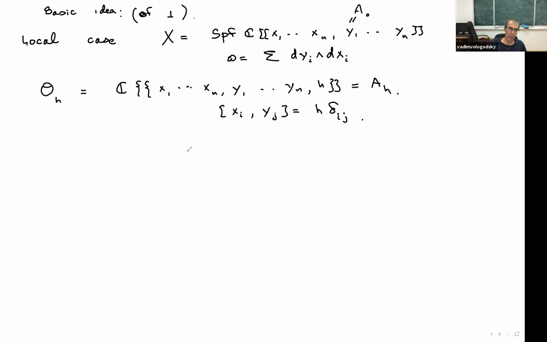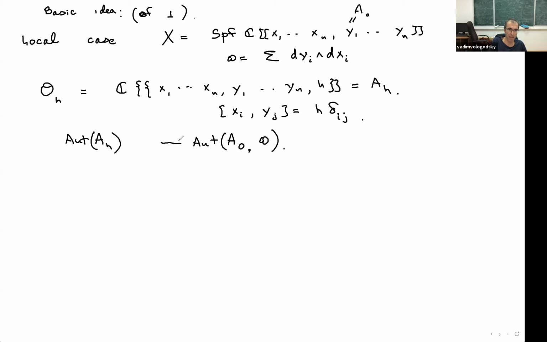In order to glue it, you have to study what happens if you change these Darboux coordinates. So you have to look at the automorphism group of this local model, the group of automorphisms of this formal power series preserving omega, and compare it with the group of automorphisms of the quantization.